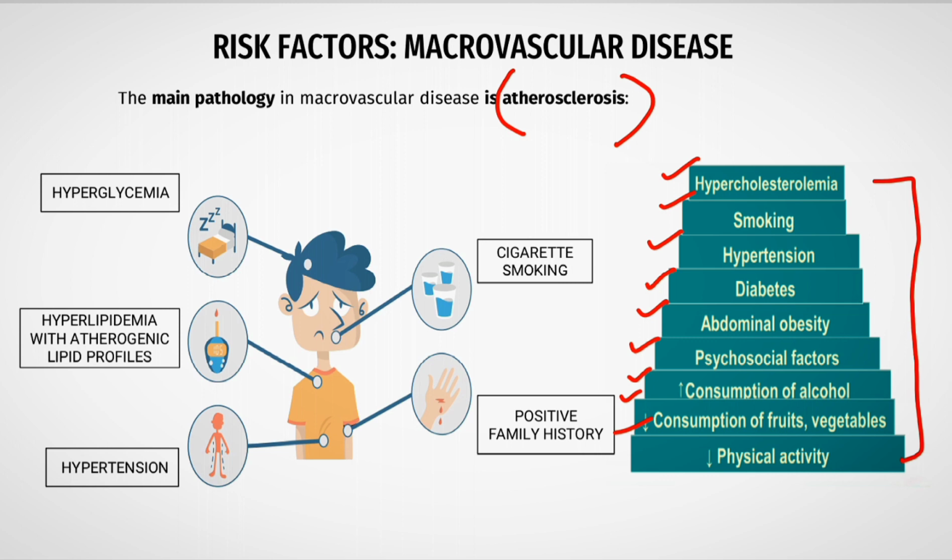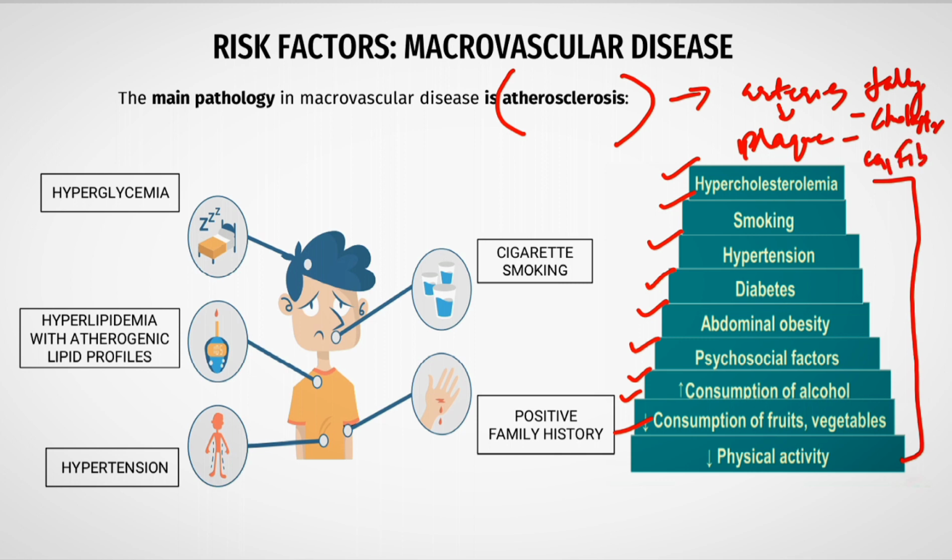So atherosclerosis means thickening or hardening of the arteries, and this atherosclerosis is usually caused by buildup of any kind of plaque in the inner lining of the artery, and this plaque is usually made up of deposits of fatty substances, the cholesterol, the cellular waste products, calcium, and fibrin material.